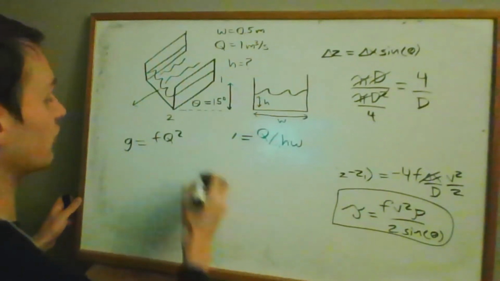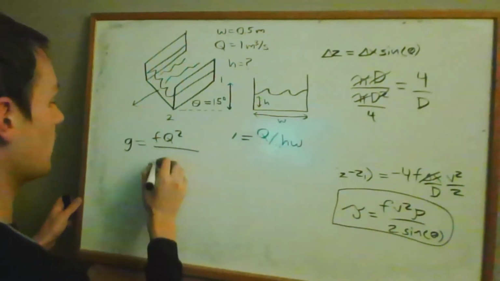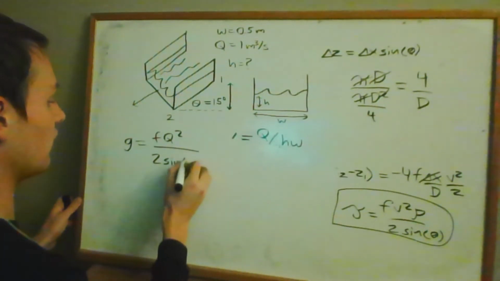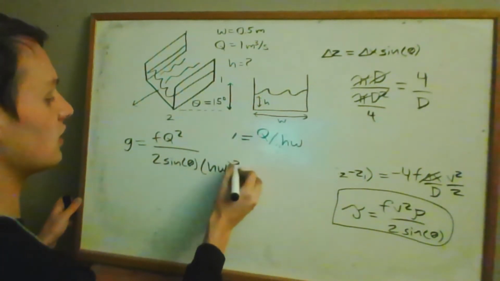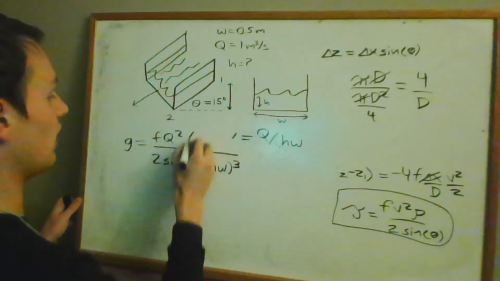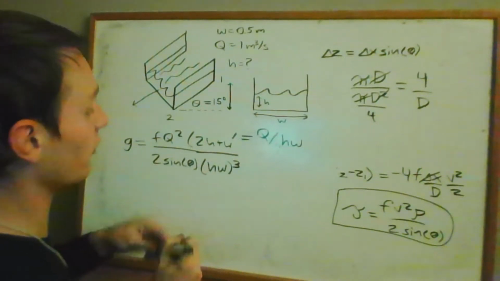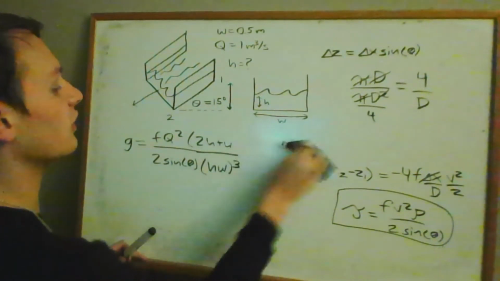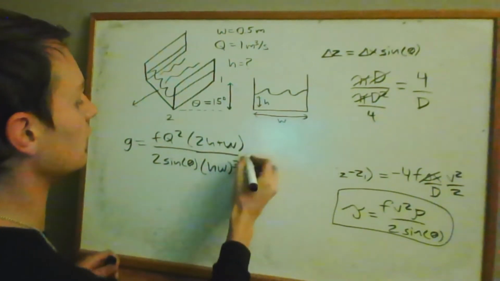And then the rho is gone, so we don't have to worry about that. But you do have 2 sine theta. And we would have hw cubed and 2h plus w here. And I'll get rid of all this junk that's in our way. Excellent. So this is the equation. I'm not lying to you this time. This is the one that we're going to use.